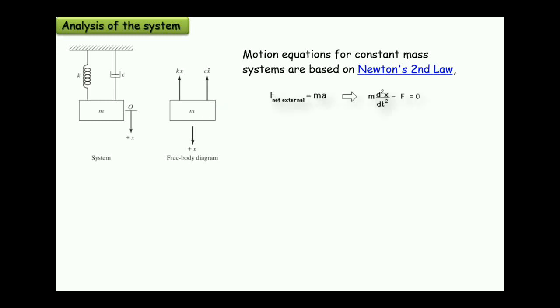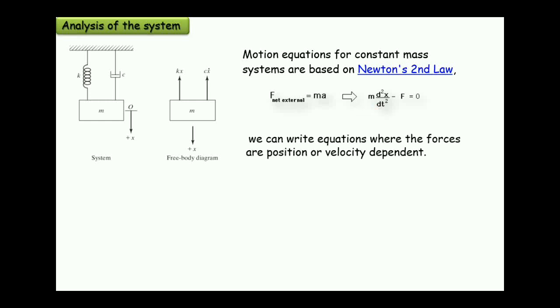So the net external force is equal to mass into acceleration, so we can write it as m d square x upon dt square minus F is equal to 0, where the acceleration is the double differentiation of the displacement.